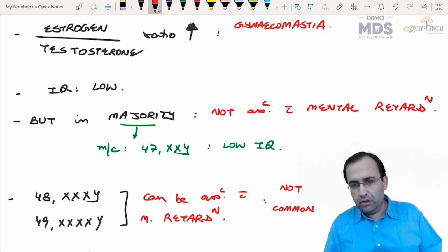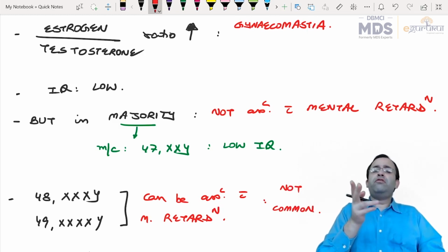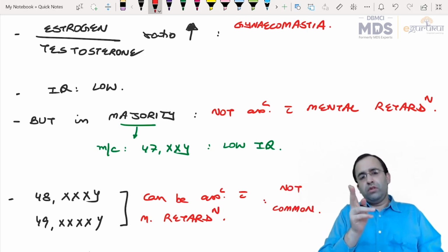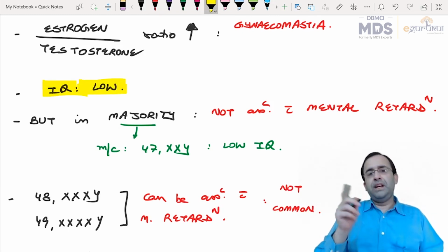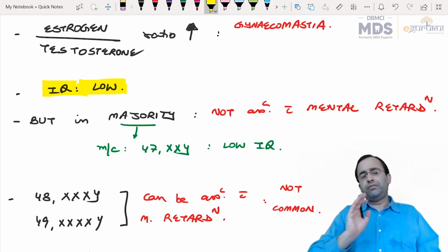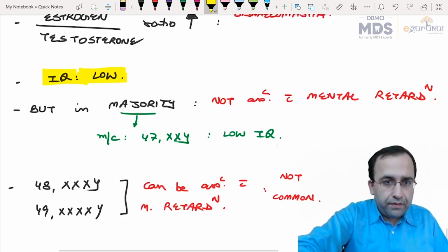What was common? 47XXY. So it is associated with low IQ, but mental retardation is uncommon.